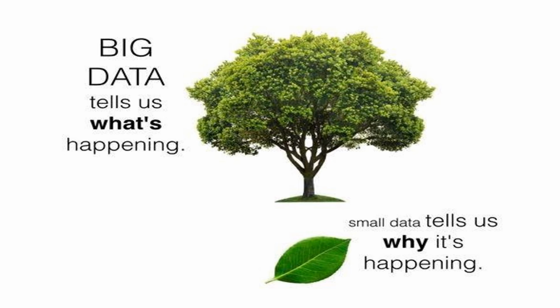So big data tells us what is happening in general, whereby small data tells us why it's happening, about the specific leaves only. This is just to visualize and explain the difference easily.